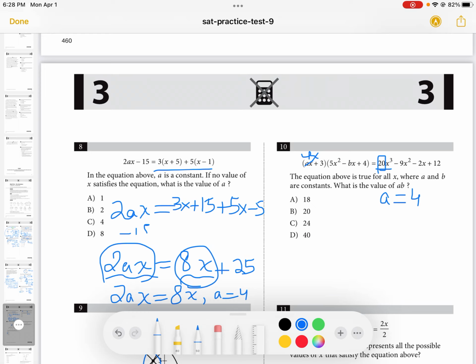Now, let's look at this a bit clearer. We have to match the rest of these. So we need a negative 9x squared term and a negative 2x term.